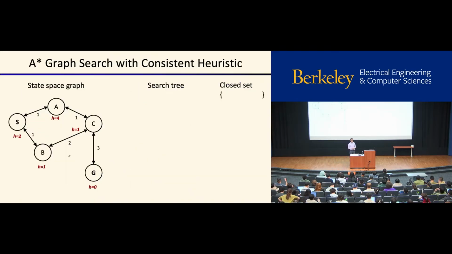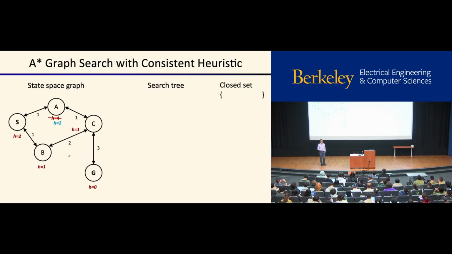But let's go back to this example. Let's change the heuristic value for A from 4 to 2. And let's just check. Is this consistent now? Well, we already looked at this edge. What about this edge? That's the only other one we would have to think about. Is that consistent? H is going from 2 to 2 along a path of length 1. So what do we think the action cost is under this heuristic?